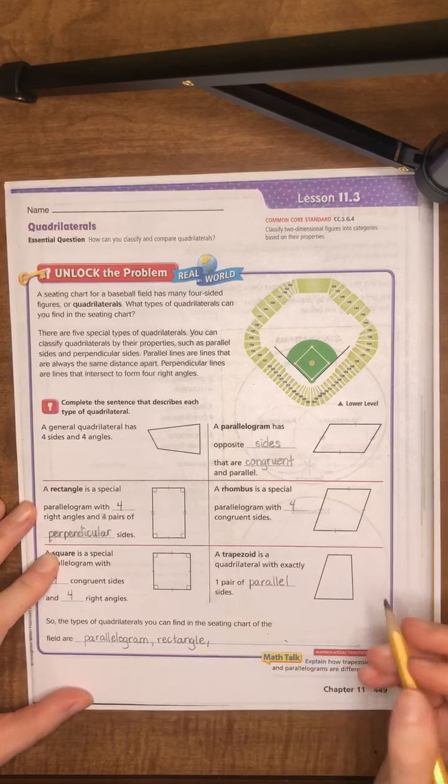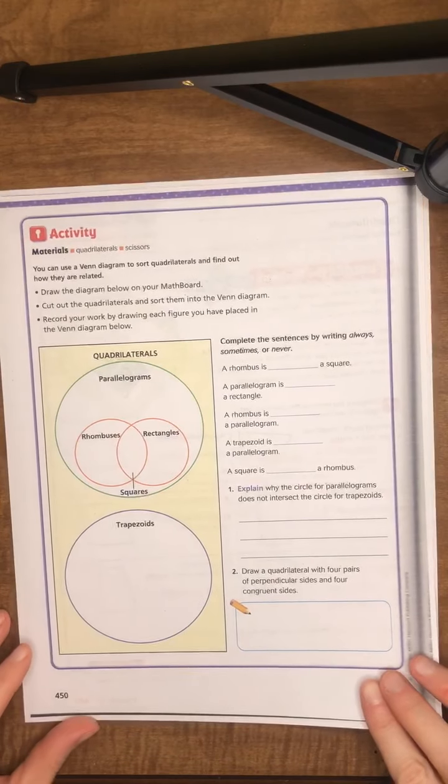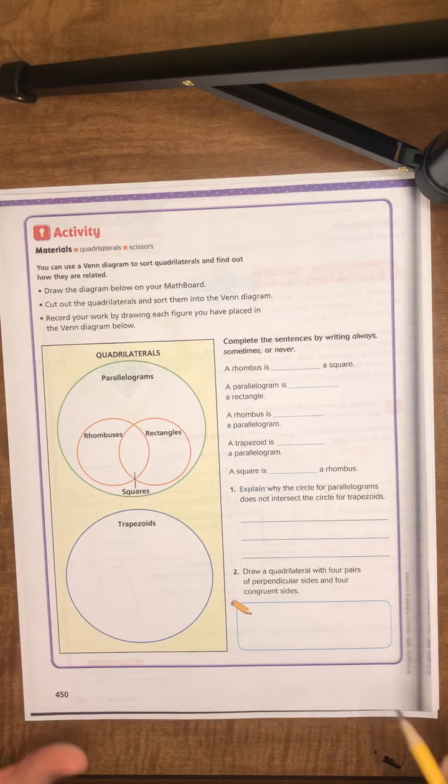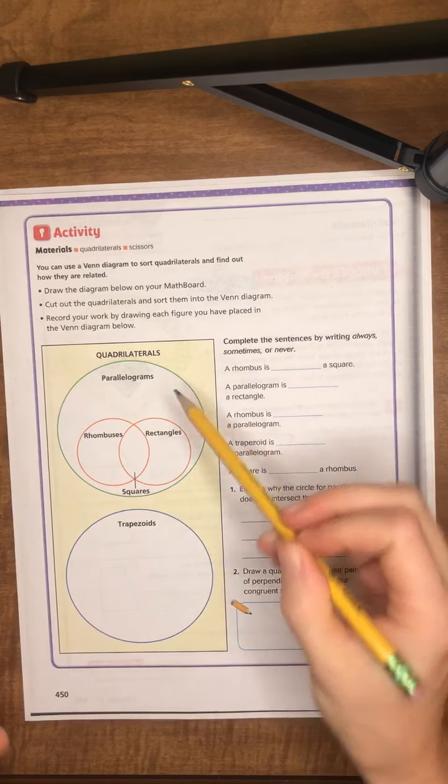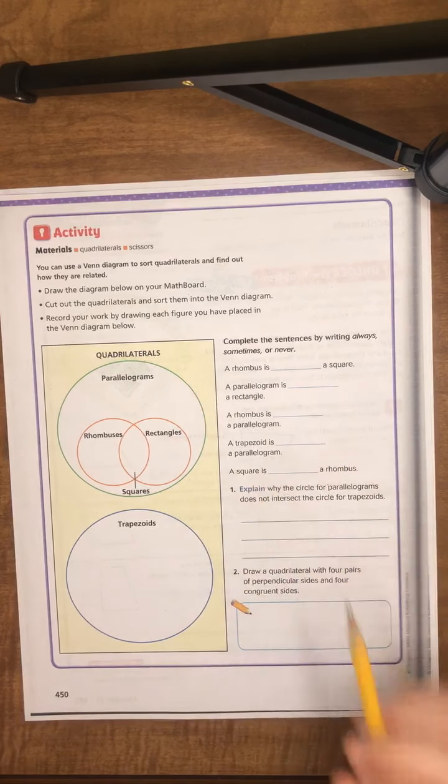Okay. Next page. We don't really need to do this, but I feel like this gives you a pretty good idea of what qualifies as a quadrilateral, and the fact that rhombuses, rectangles, and squares are all parallelograms.